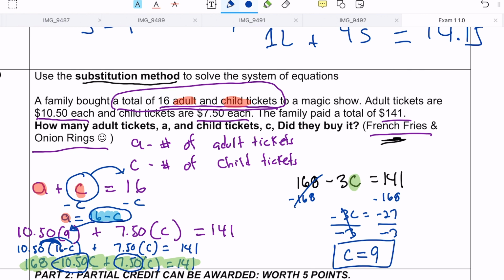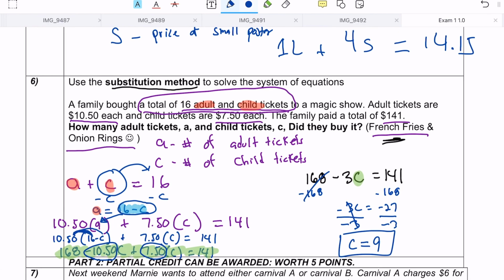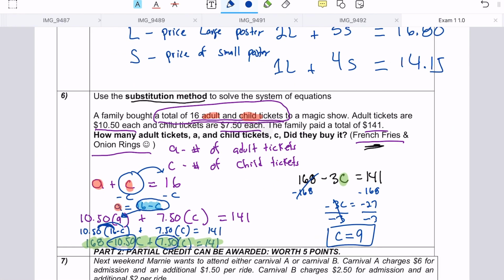In other words, how many child tickets were purchased? 9. So, look, this is what I don't understand. We did all that stuff just to get 9. Now, if we have 9 child tickets, how many adult tickets do we have? So now we have to do another substitution.